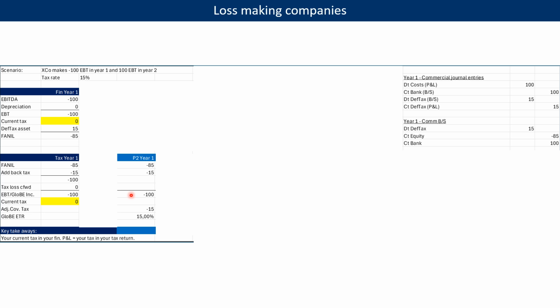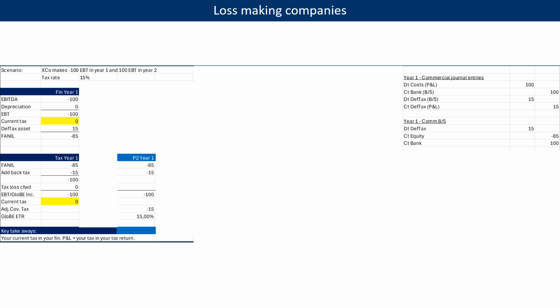There will be no current taxes to take into account, but you do have this deferred tax that ran through your P&L, and you would have to run it through your GLOBE calculation as well. So you will have minus 15 there. Now you won't really have a GLOBE effective tax rate of 15%. Let's just leave that as is. The most important thing here is that there are no top-up taxes for year 1.